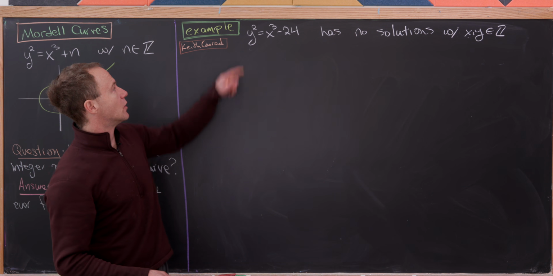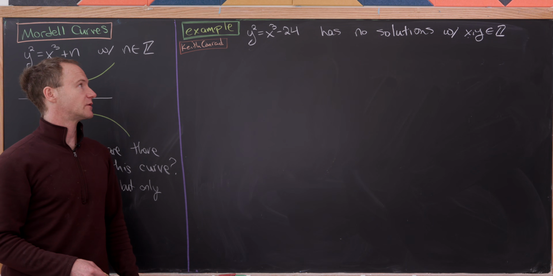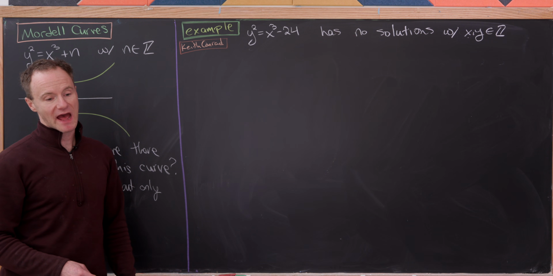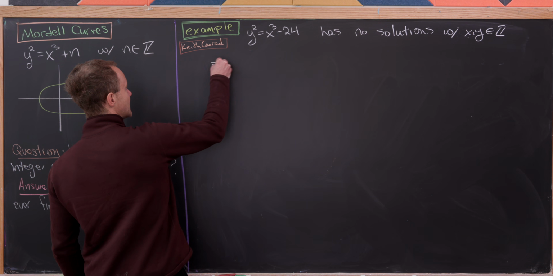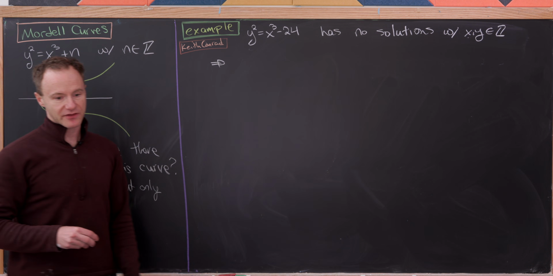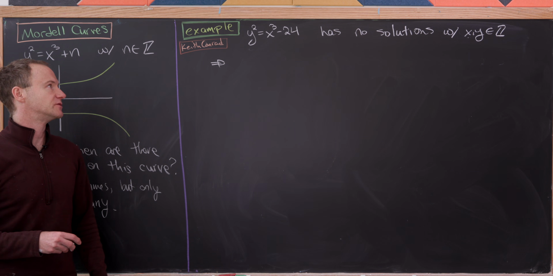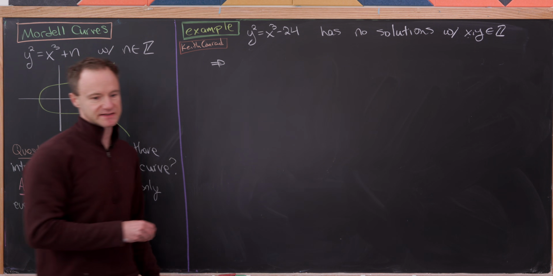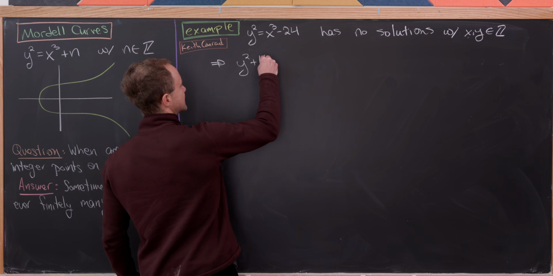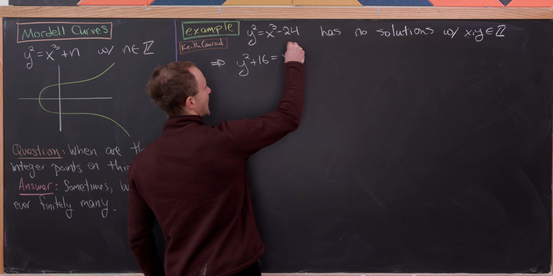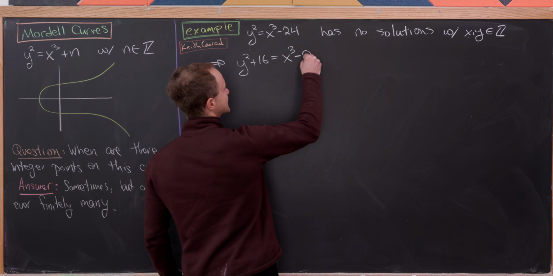Okay, so we'll now show that y squared equals x cubed minus 24 has no solutions. The way to do this is to somehow get either a sum of cubes or a difference of cubes on the right-hand side. And we'll do it by writing y squared plus 16 equals x cubed minus 8.